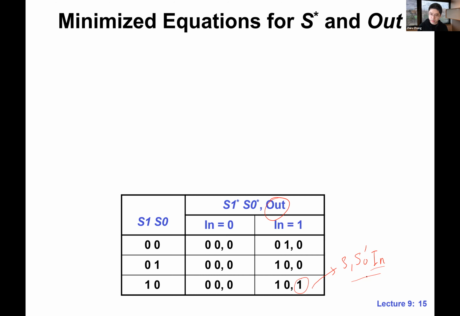So first, take a look at the truth table. Is this a complete truth table? If you look at input combinations for S1, S0, no. What's missing? We are encoding 3 states, and we're missing 1, 1 because we don't need that. We only have 3 states.